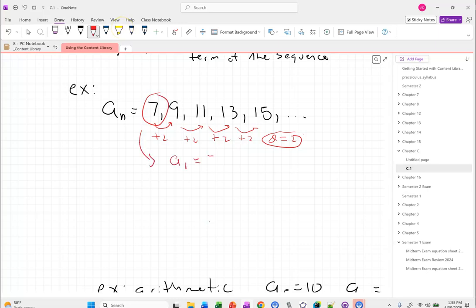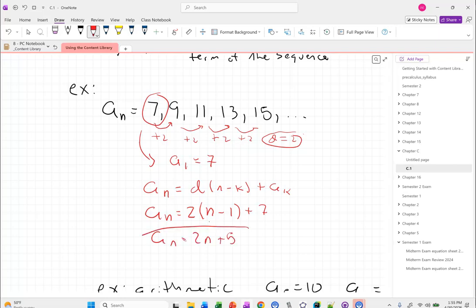No way, Jose. So it tells me the first term is 7. So when I fill this in, I'm going to say 2 times n minus 1 plus 7. Or if I distribute things out and combine my like terms, there's my final answer, 2n plus 5.